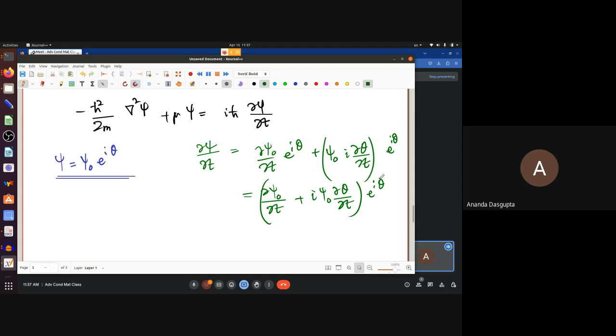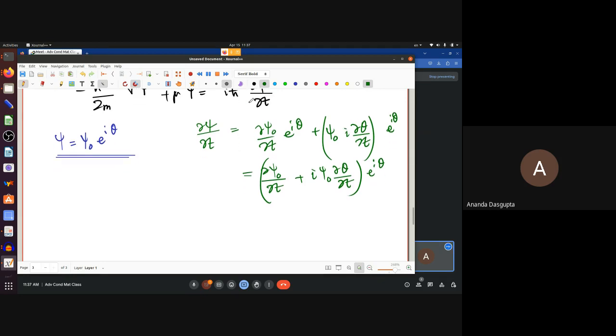So the aim here is to put this in the Schrodinger-like equation that we have here, and ultimately equate the real and imaginary parts of both sides of the equation. That's what we are trying to do.